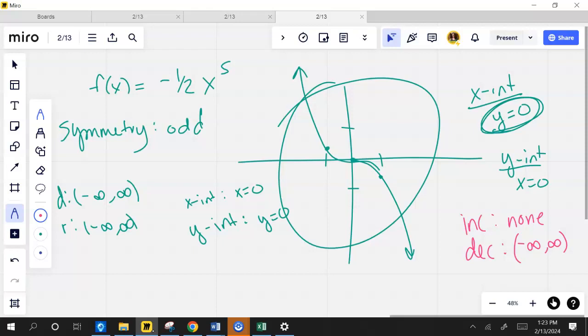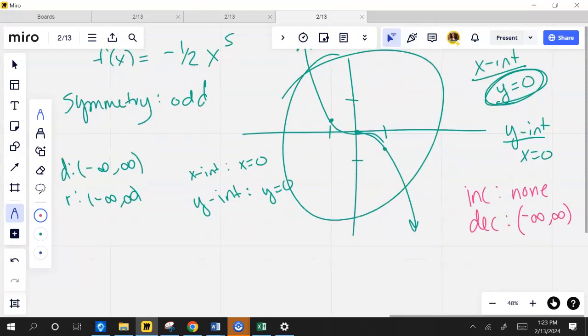No, I'm fixing to show you some that do, though. How about end behavior? That's right. So now let's look at the new stuff.